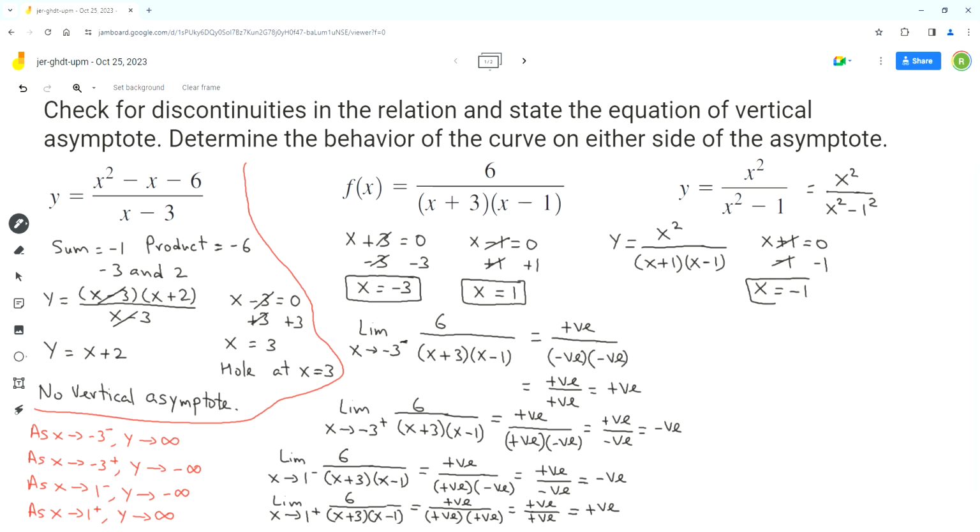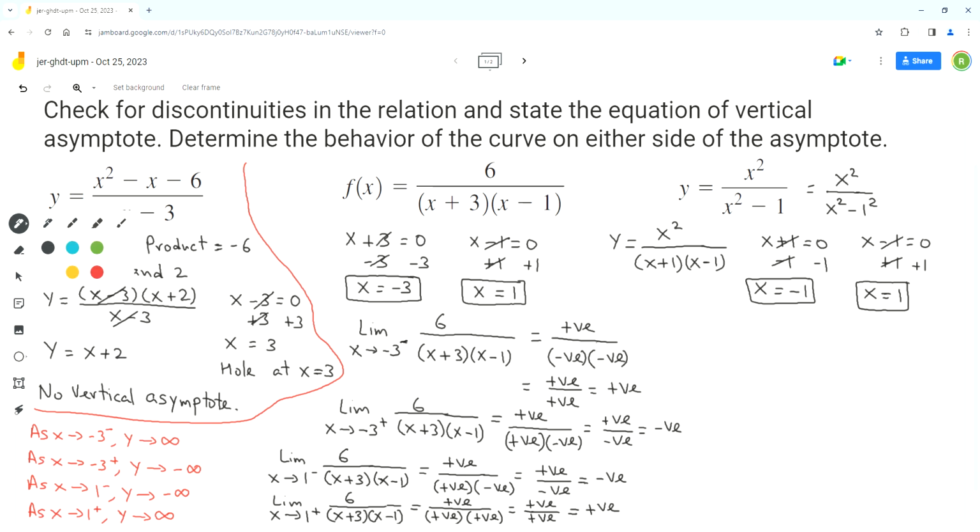So this is the first vertical asymptote. And then the second one, x minus 1 equals 0. Now we add 1 to both sides to isolate x. So the ones on the left side get cancelled out. So we get x equals 1. This is the second vertical asymptote in this function.